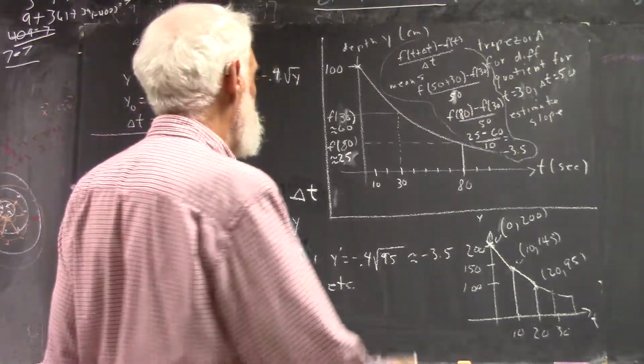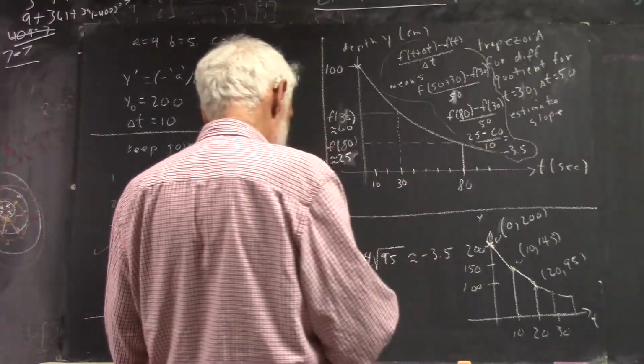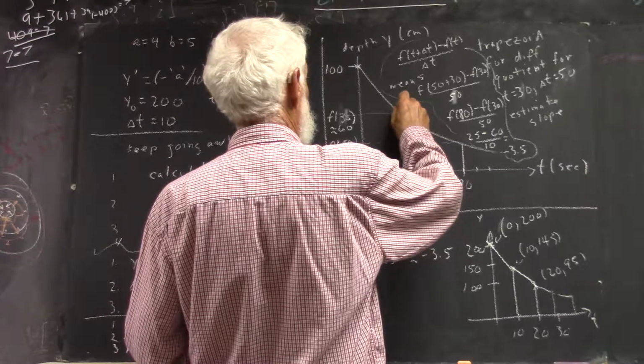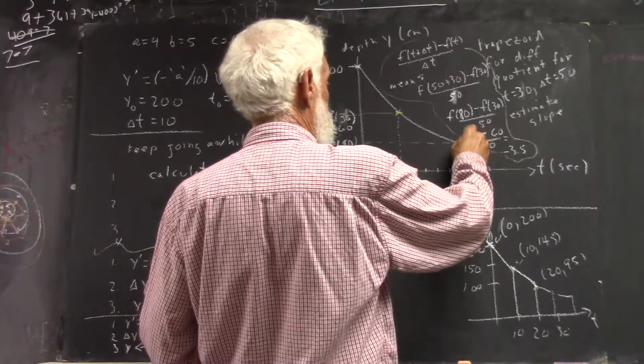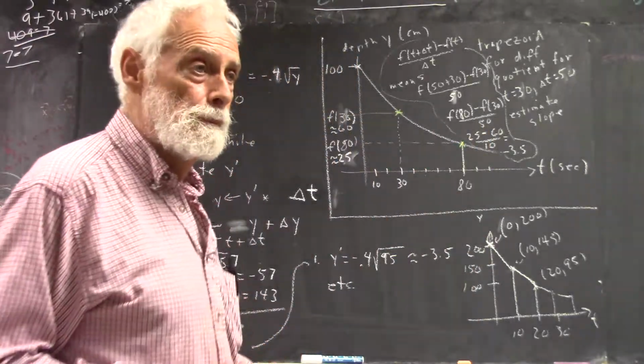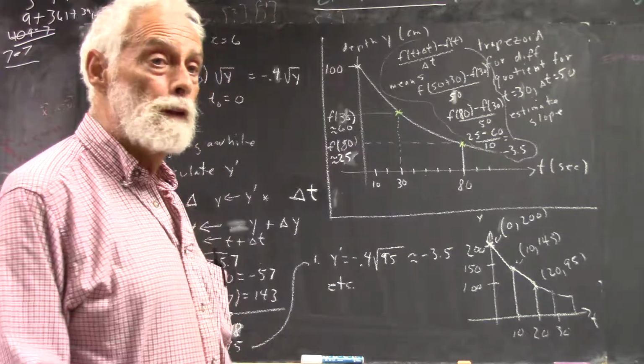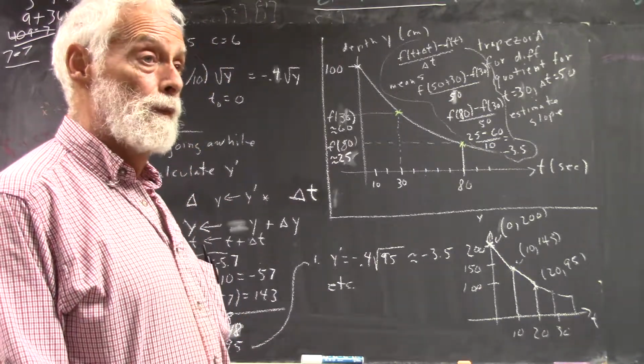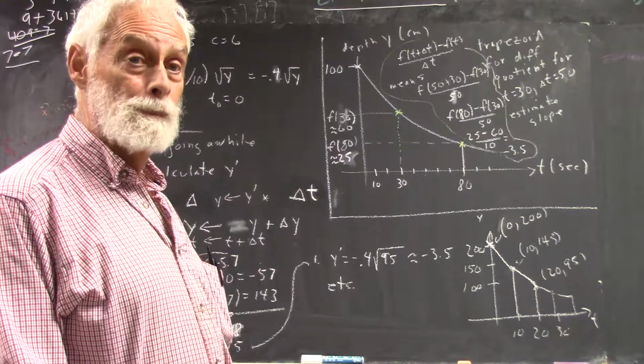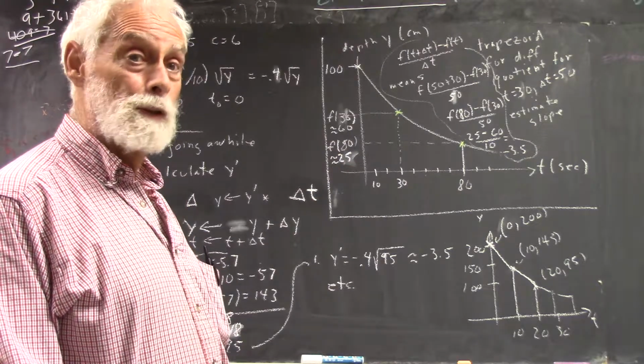Now, what's the slope between this point and this point? What's the definition of slope? Is there a triangle that we could draw?